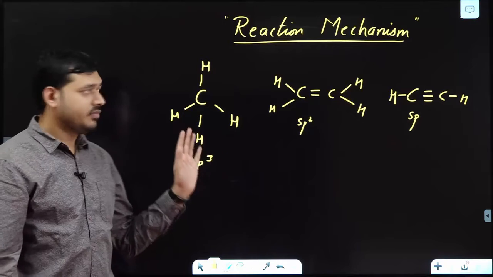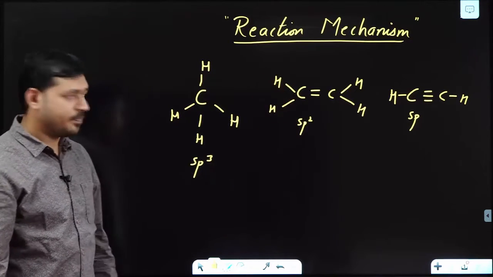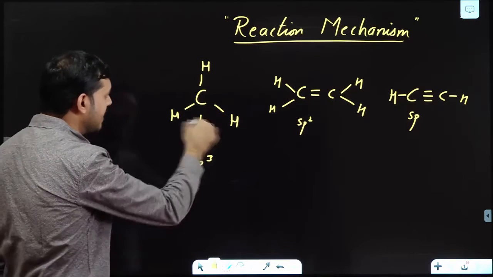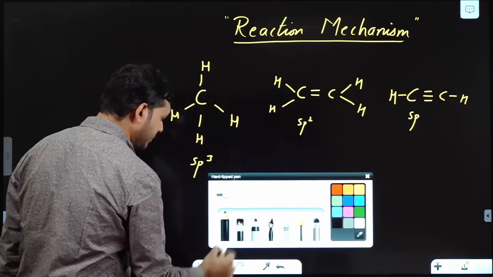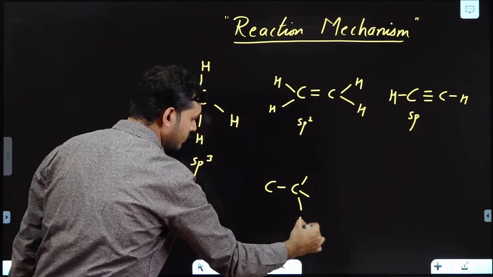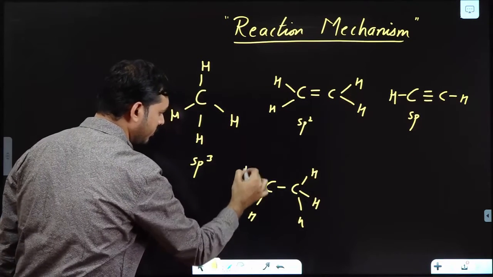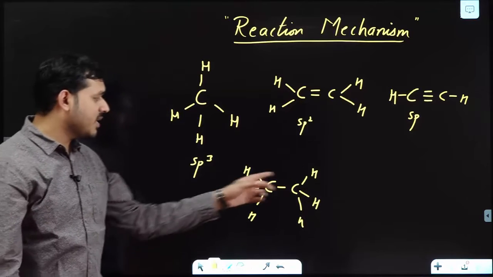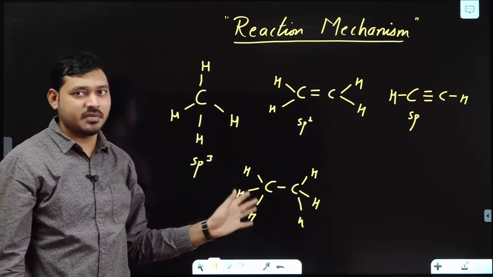So single bond, double bond or triple bond. Suppose in this compound it is single bonded also, so carbon is forming a single bond with carbon, pi bond or triple bond with carbon atoms.